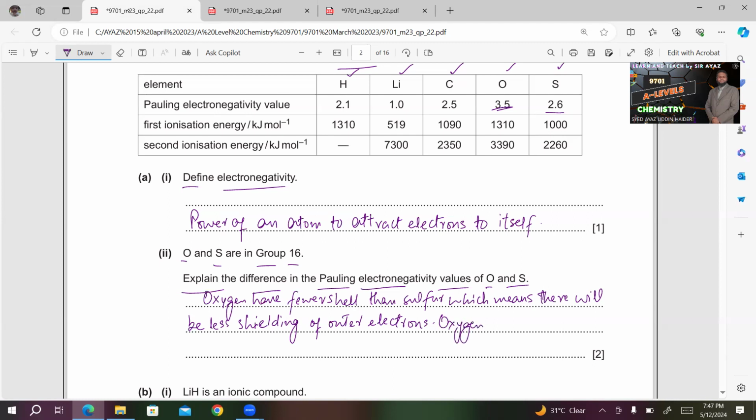Oxygen also have lower nuclear charge and greater attraction for the incoming electrons.